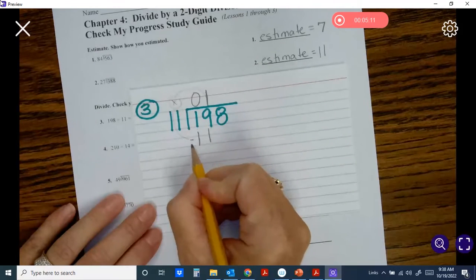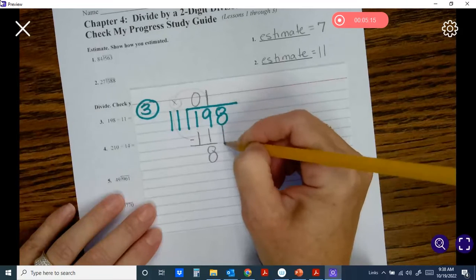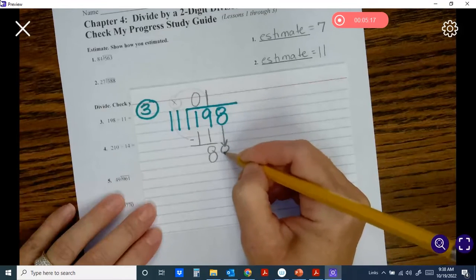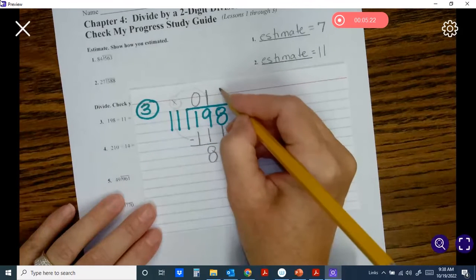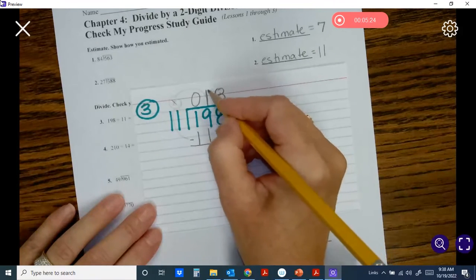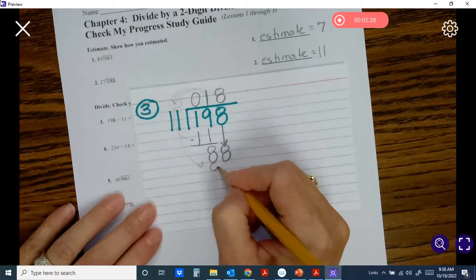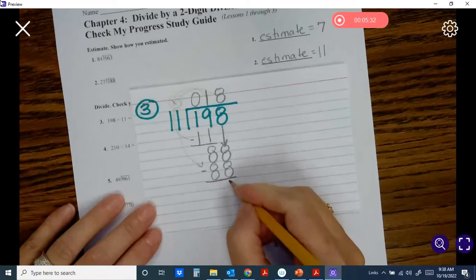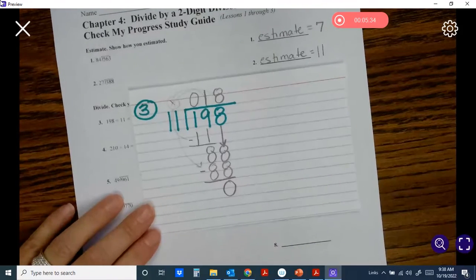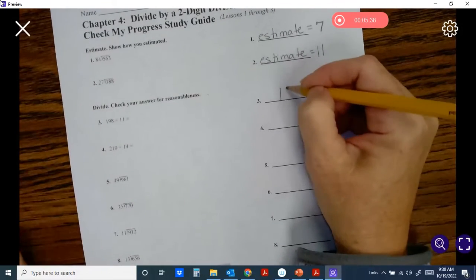I subtract and I get 8. I bring down the 8. 11 is able to divide 88 times. 8 multiplied by 11 equals 88. And I have 0 as a remainder. So our answer is 18, and that's an exact answer.